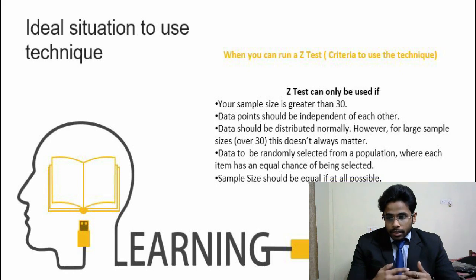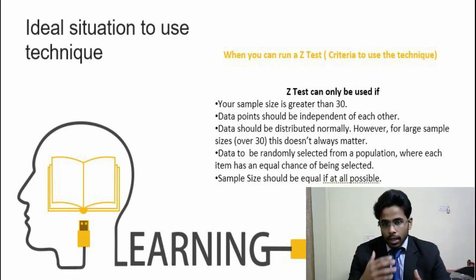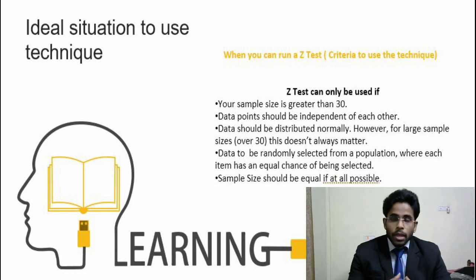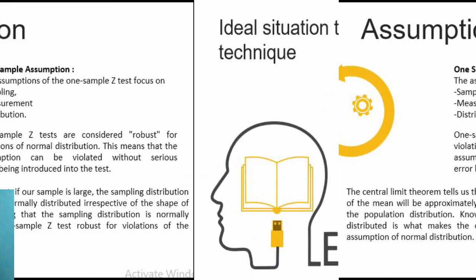Thirdly, the data should show a normal distribution. However, since n is greater than 30, this criterion doesn't always matter. Also, the data should be selected randomly within a population, and the sample sizes should be equal.